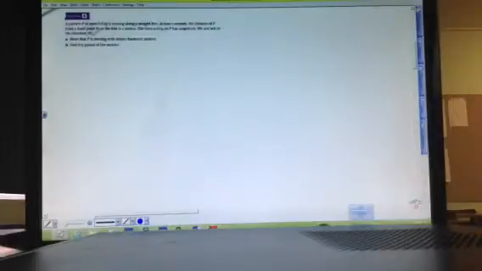Right, example 8, it says a particle P of mass 0.5 kilograms is moving along a straight line, at time t seconds, the distance of P from a fixed point O on the line is x meters.